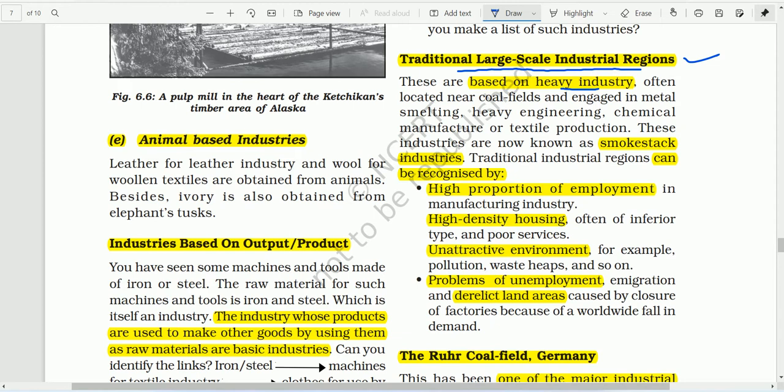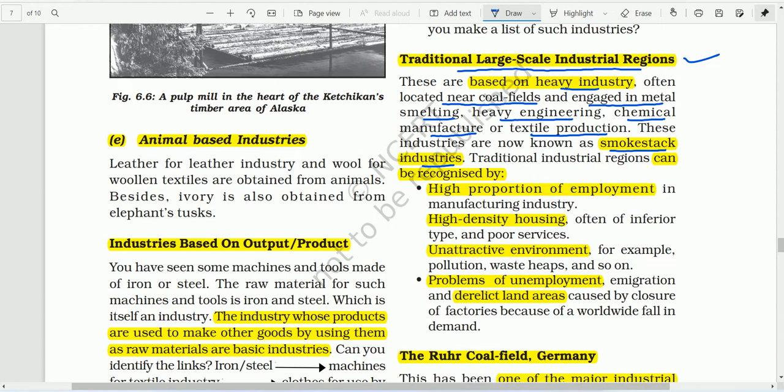These industries are often located near the coal fields, and they engage in metal smelting, heavy engineering, chemical manufacturing, or textile production. These industries are now known as smokestack industries. So traditional large-scale industrial regions are now known as smokestack industries.